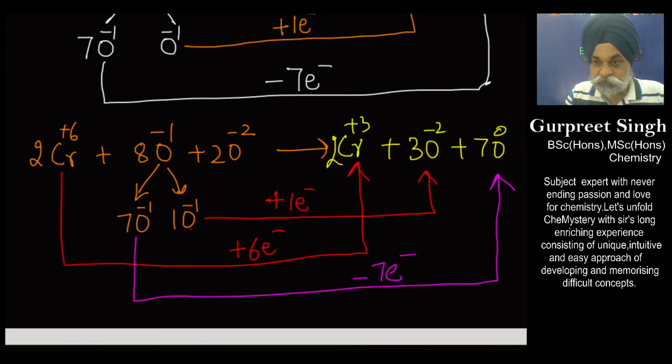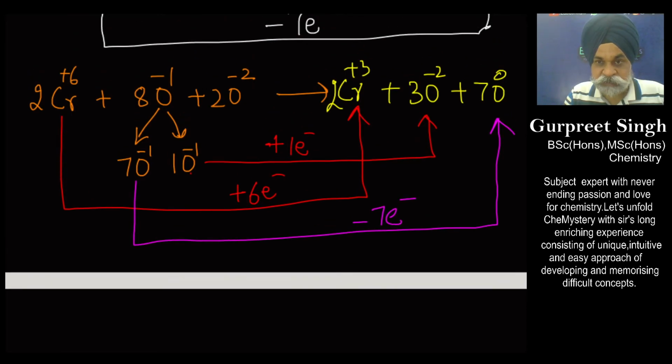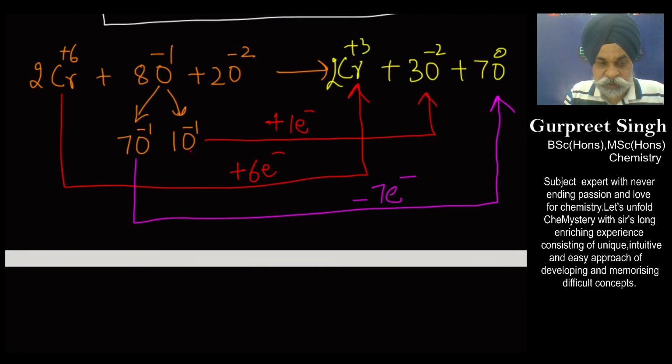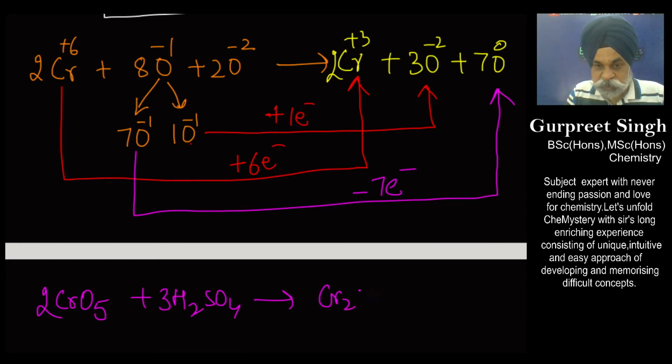Now if I go for the per mole, let me add one page here. So if I divide the entire equation, this is very interesting. What we are able to see here is chromium pentoxide treated with sulfuric acid, and we took it as 2 and this was 3, went to chromium sulfate with 3 water and 7 by 2 oxygen.